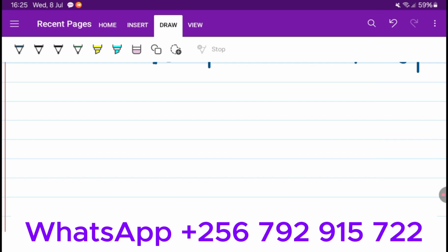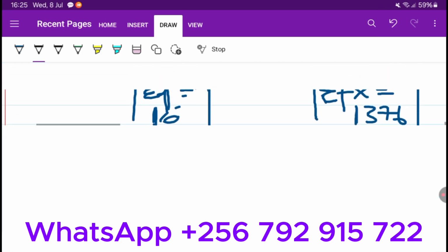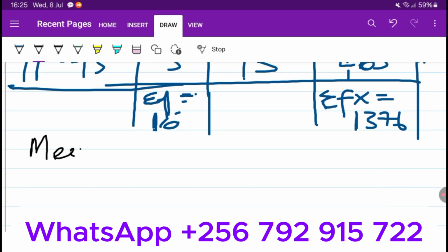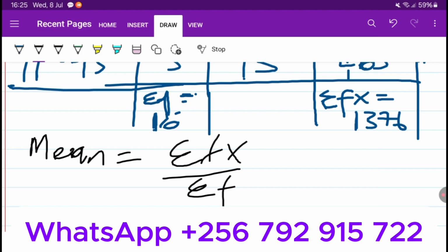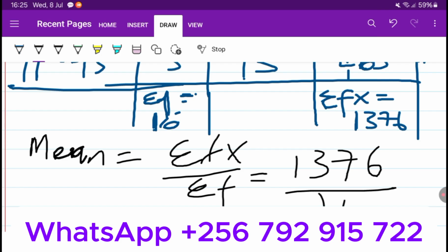So we get our mean, and the mean is summation fx over summation f, which is 1376 divided by 16. That gives you 86.125. This is our mean.